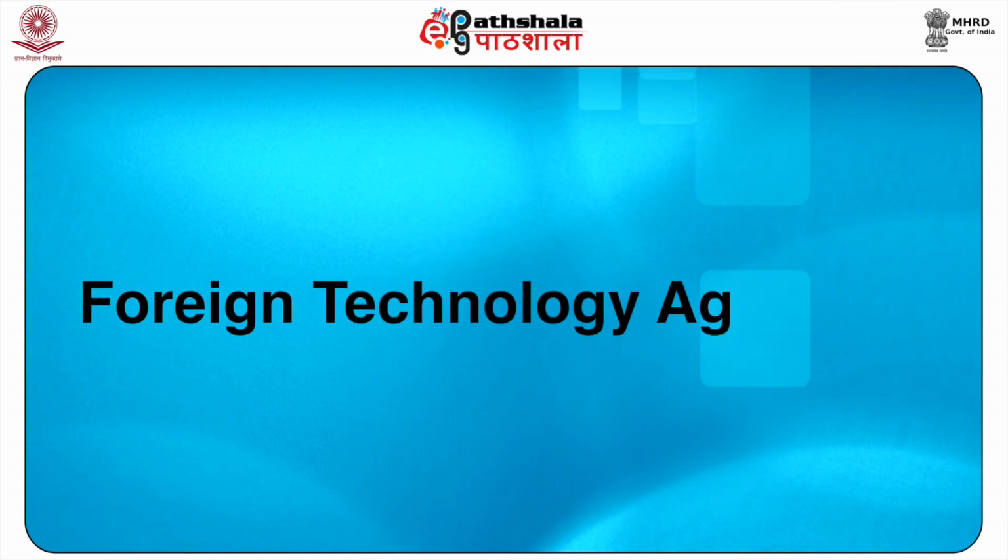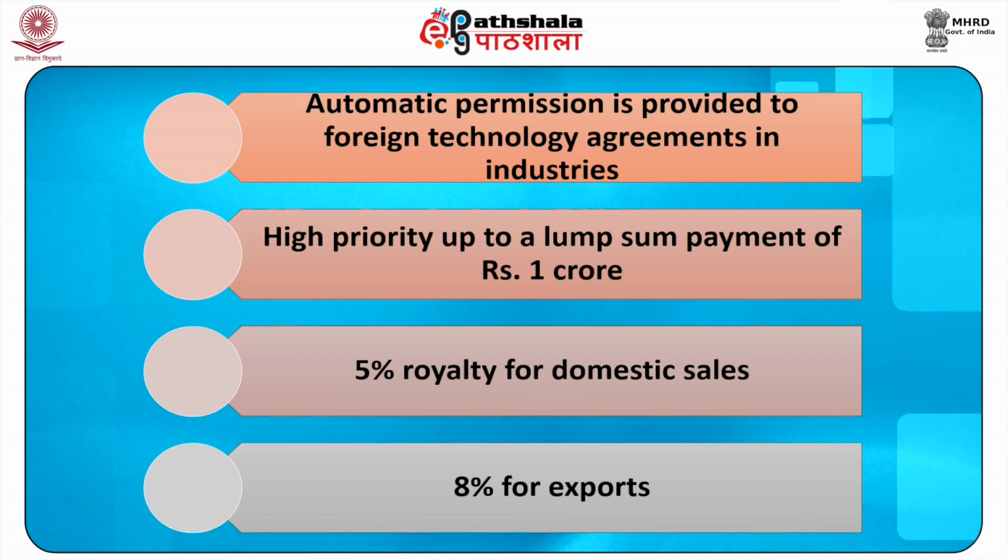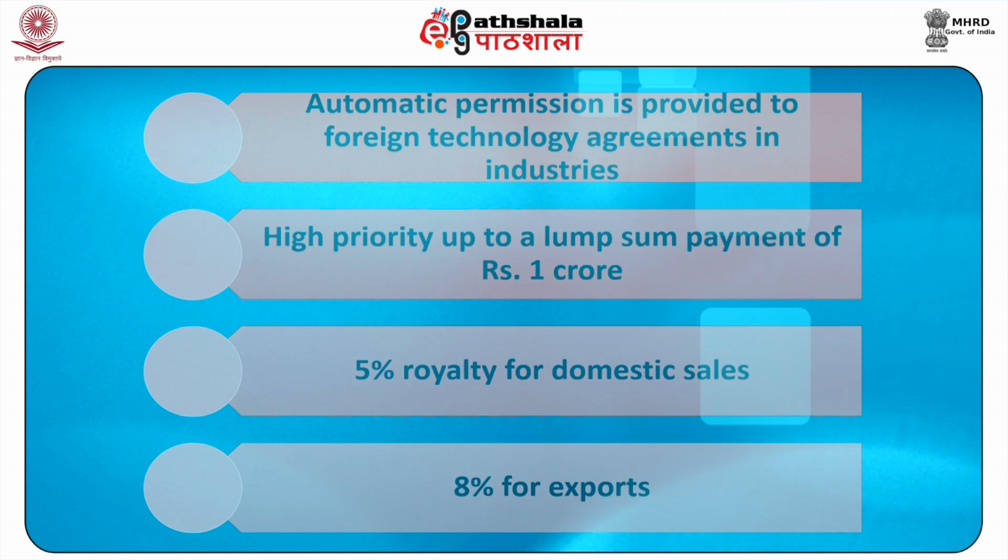Foreign technology agreement. Automatic permission is provided to the foreign technology agreements in the industries with high priority up to a lump sum payment of rupees 1 crore, 5% royalty for the domestic sales and 8% for the exports.